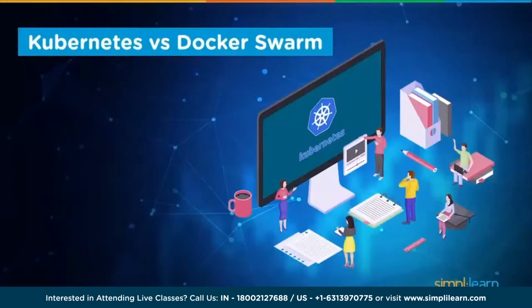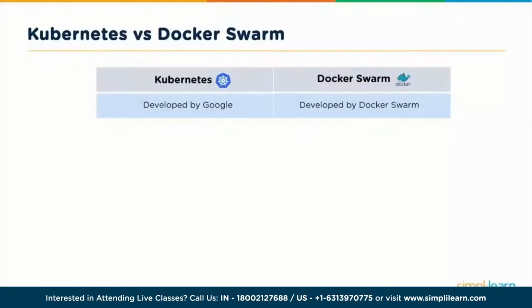So let's look a little bit into the differences between Kubernetes and Docker Swarm. If we step back a little bit, Kubernetes and Docker often get connected with each other, largely because Kubernetes manages containers, and Docker is really famous for creating the most popular container solution, which is called Docker.